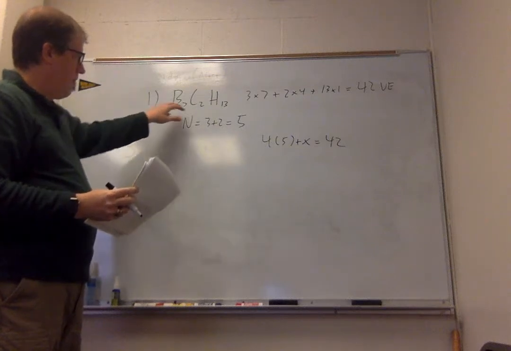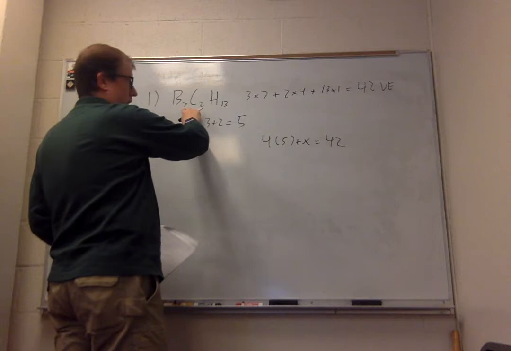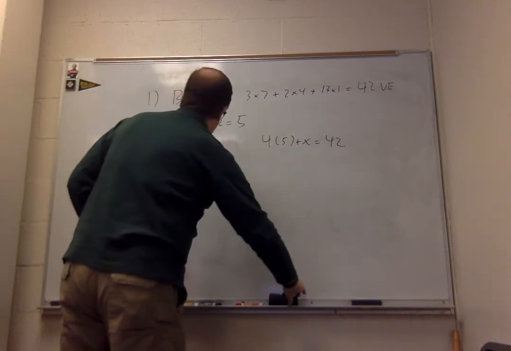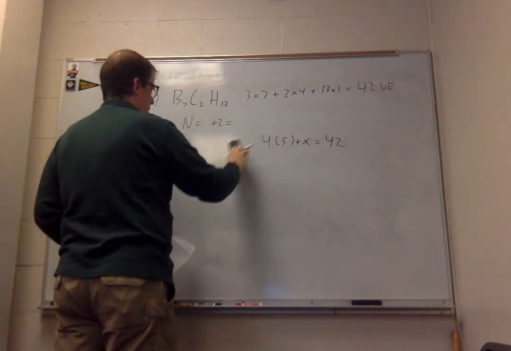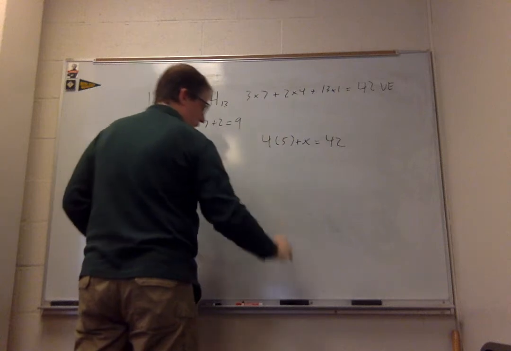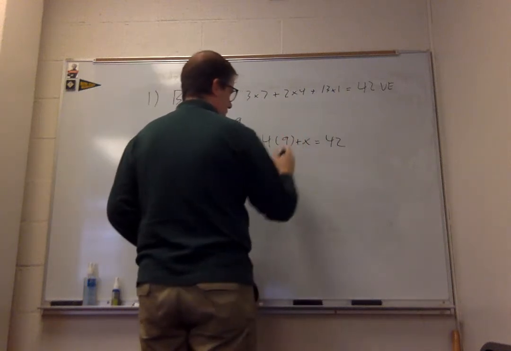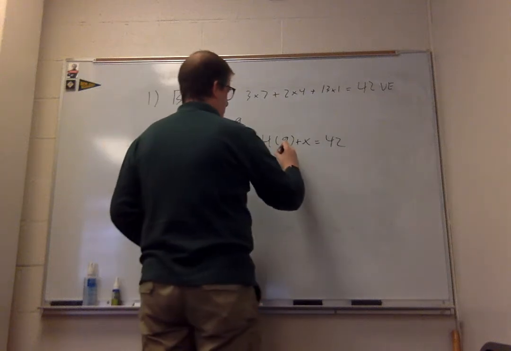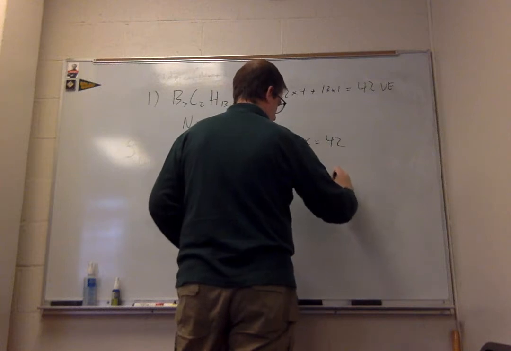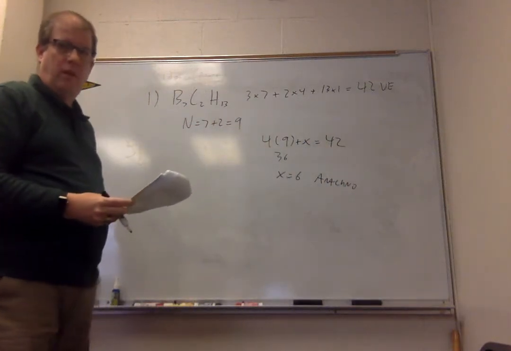So, again, let's take that formula. This is the correct electron count. 7 times 3, 2 times 4, 13 times 1, 42. The number of vertices is not that, but 9. 4 times 9 plus x, that's 36, and so x is 6. And that's arachno.